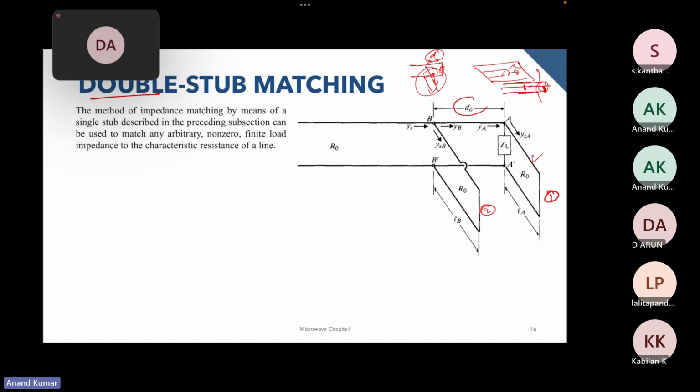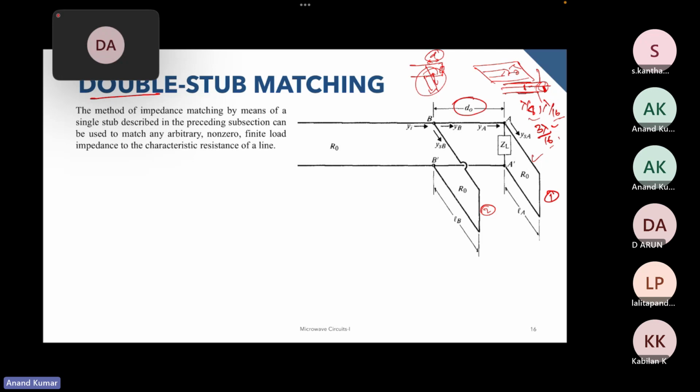Usually it is best that we take this as lambda by 8, or lambda by 16, or 3 lambda by 16, you get the idea, right? This is a good idea if we use this lambda by 8 or lambda by 16 value. This will become clear when we look at examples, why this is better.